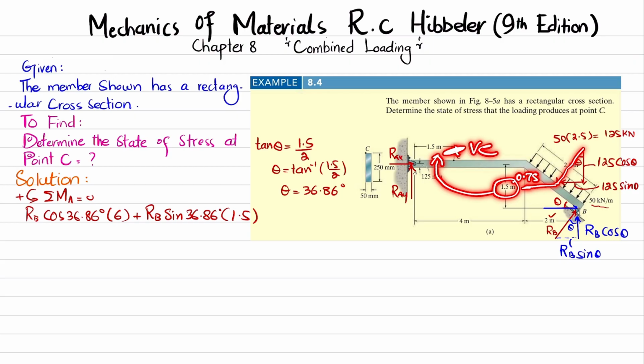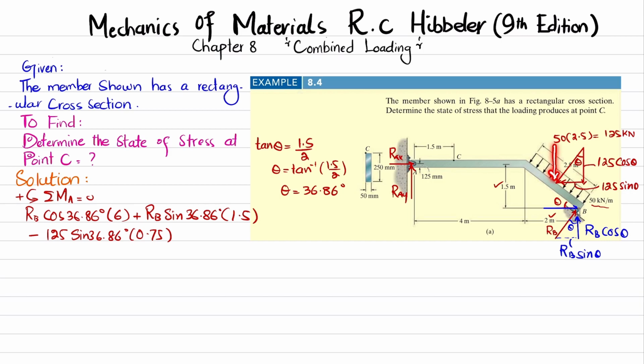So I can write it minus 125 into sine of 36.86 degree multiplied by 0.75, and the last force that is producing moment is this horizontal component, so it will act at this point.